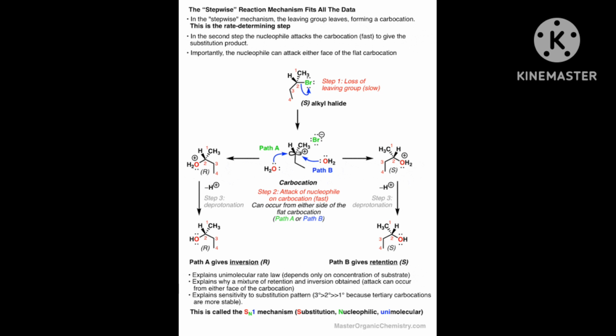Tertiary halides are the least reactive because bulky groups hinder the approaching nucleophiles. If bulky groups are present, as in tertiary halides, what will happen? It will create a problem for the nucleophile approaching the carbon.